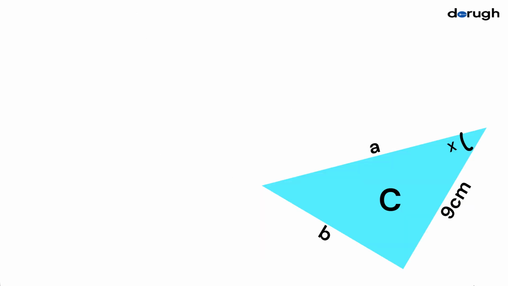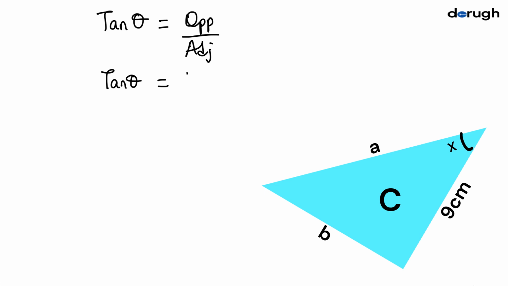To find out theta, we will say tan theta equals opposite divided by adjacent. Tan theta equals B over 9 centimeters.